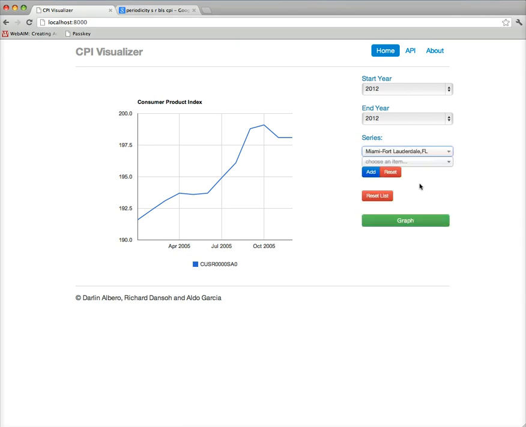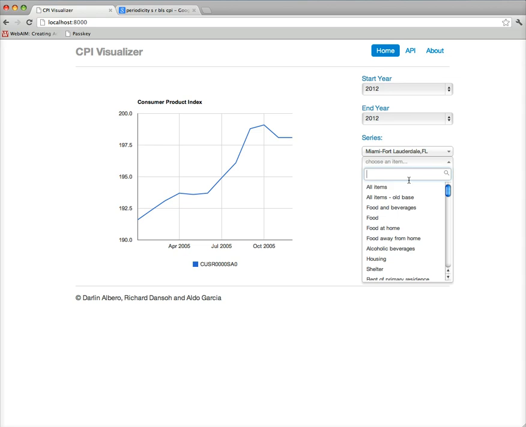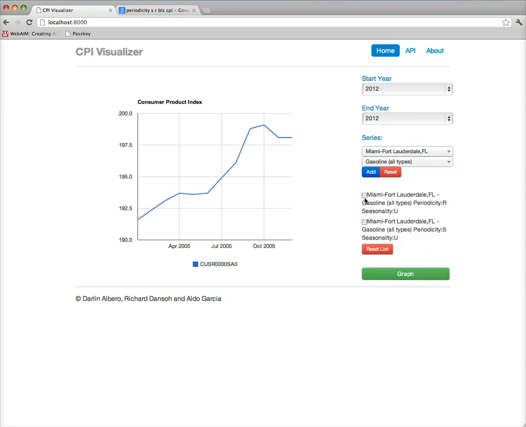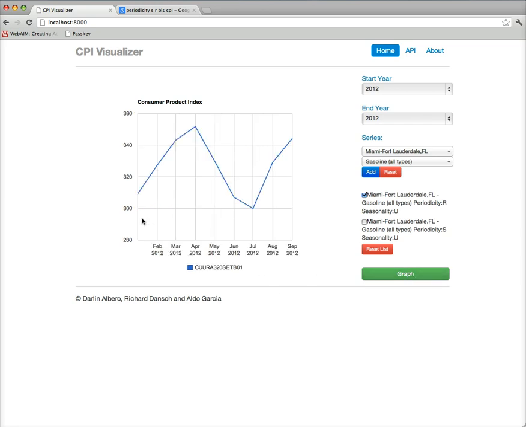We can type that in and it comes up. And we want to look up gas. So we'll add this series, select it and graph it. And this right here is the series for gas prices generally in the Miami region.